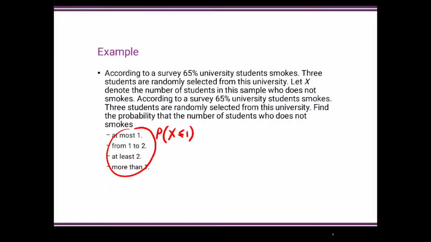For the second one, from 1 to 2: when we have the words from and to, we have the equality sign, meaning including 1 and including 2.